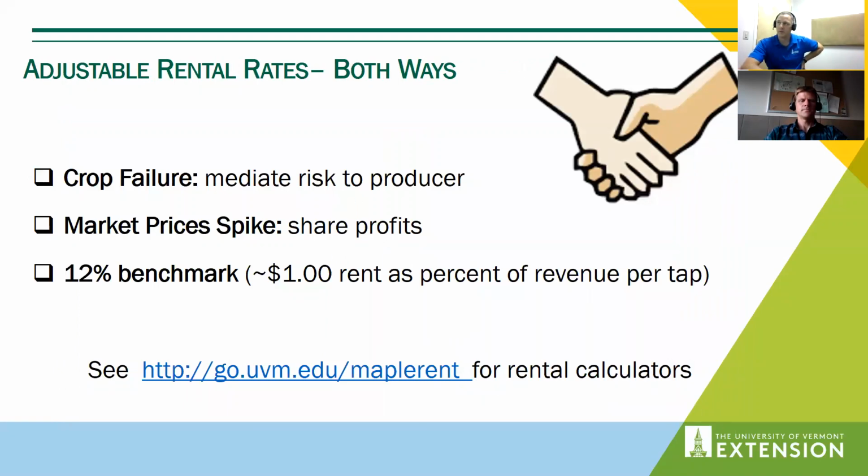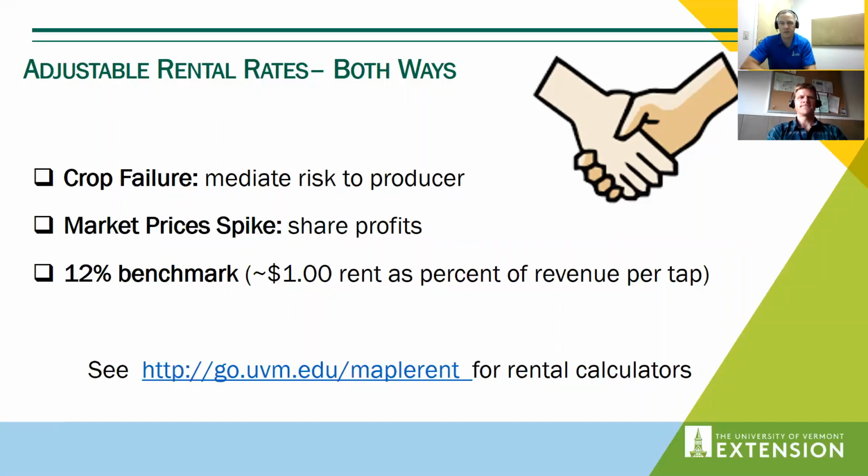We spent quite a few minutes talking about cash-based rental direct payments on a per tap basis. It's important to know that that is not the only mechanism that this can be done in the maple world, and important to reference other agricultural commodities that have different factors that go into rent setting. So there are times when landlords or producers are going to want to negotiate different risk sharing, and it can go both ways.